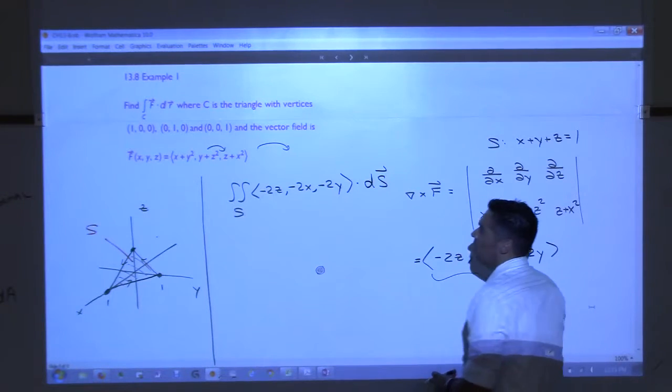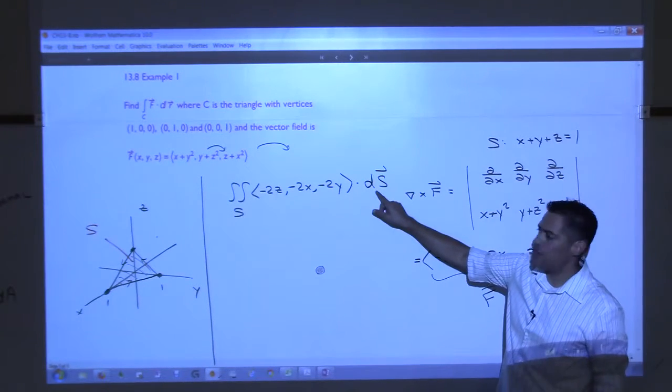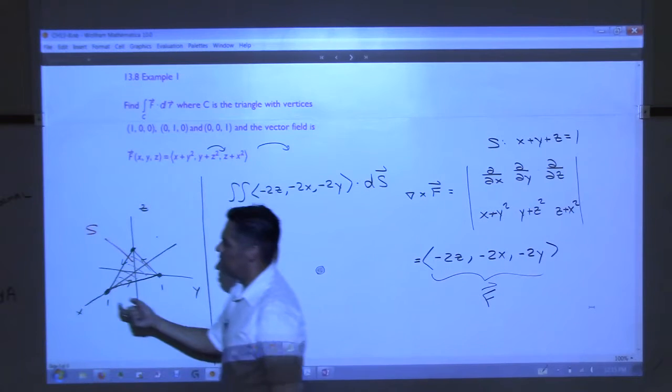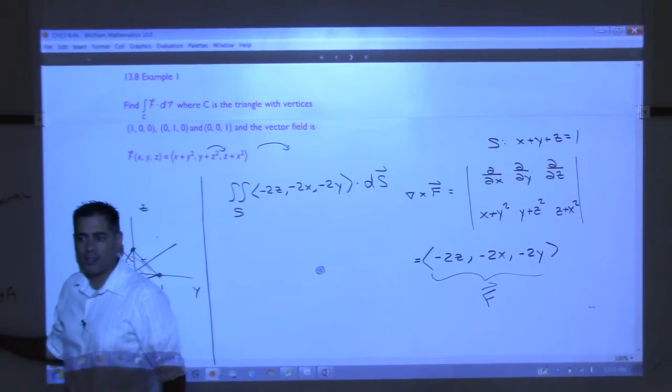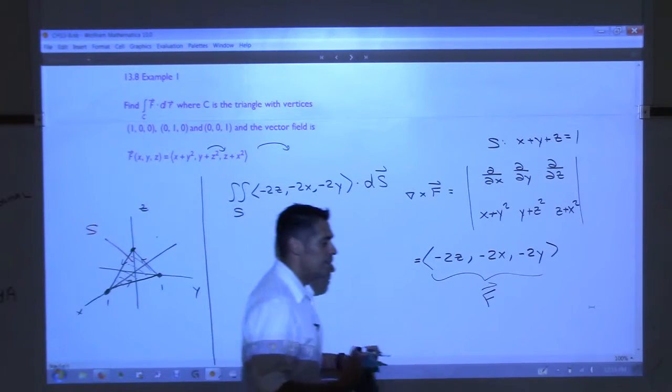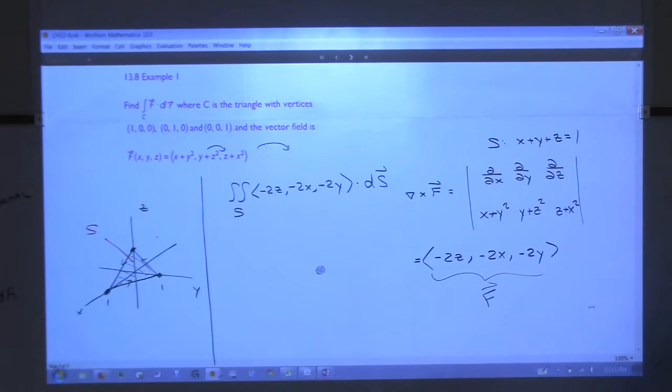That's what I'm trying to do. Now, how I do this dS is up to me. I can do normal vector over to dS like this, or I can do this, or I can do a special case, depending on what I have here. So what do you want to do?